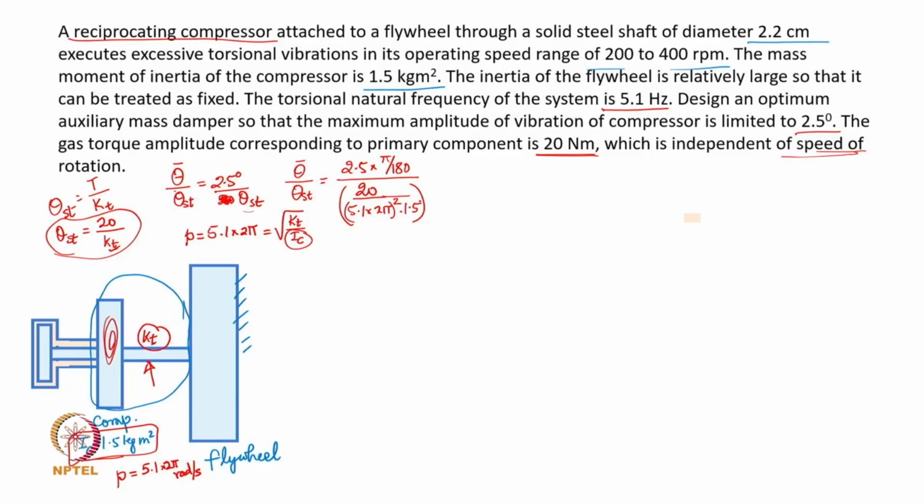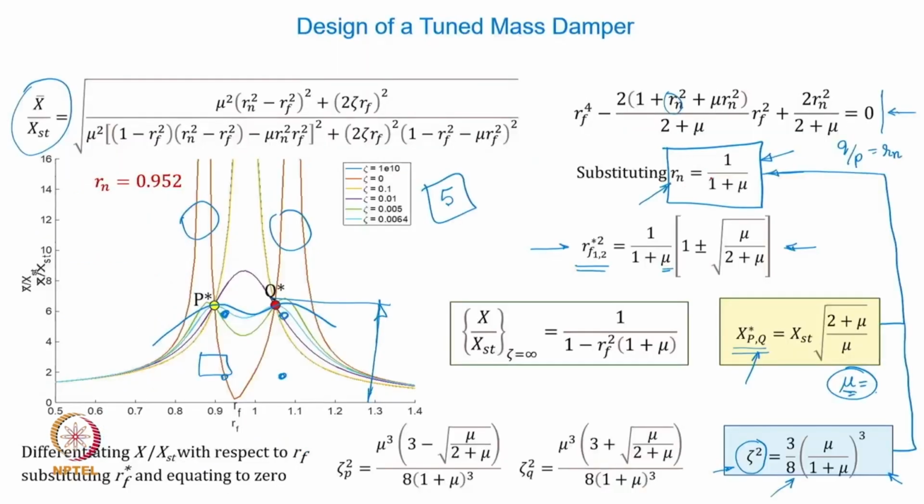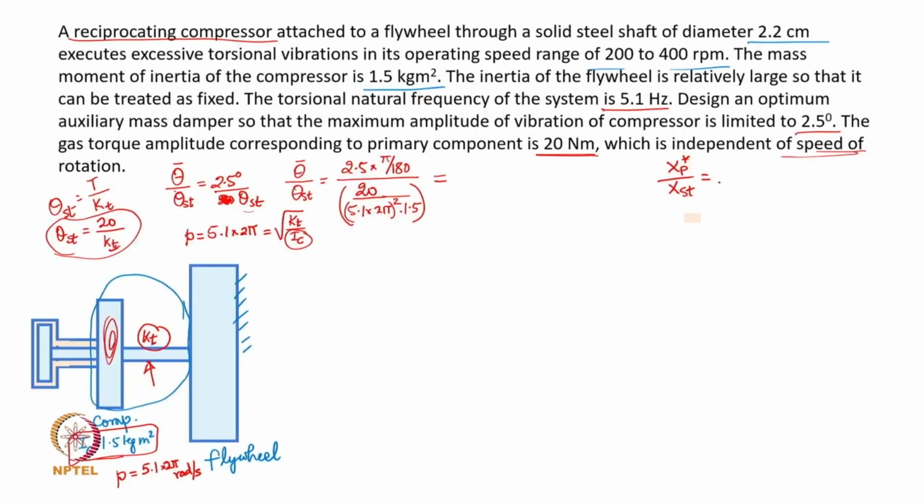Now if you are supposed to design an optimum auxiliary mass damper, you know what is the expression for this? You remember xp star upon xst was given by this expression. Look at this expression, right? Square root of 2 plus mu upon mu.